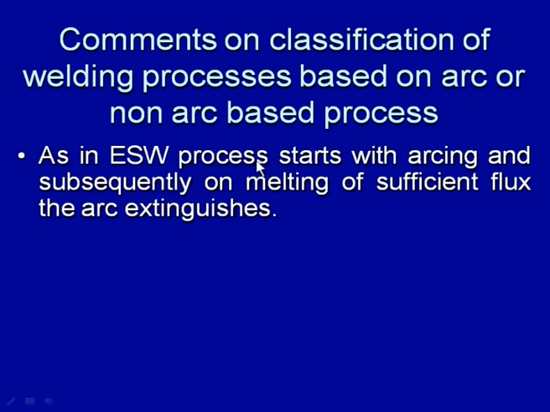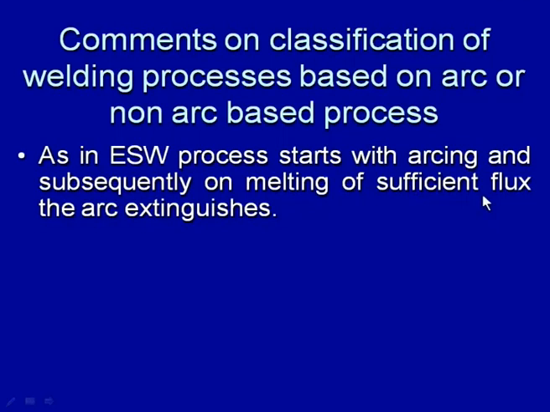So, as in case of the electroslag welding process, this process starts with arcing, and subsequently, as soon as a sufficient pool of molten flux is formed, the arc is extinguished, and melting of the base material edges takes place primarily by the heat generated due to the flow of current through the molten flux by electrical resistance heating.